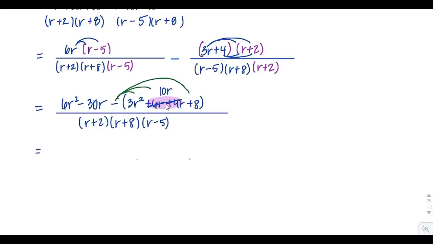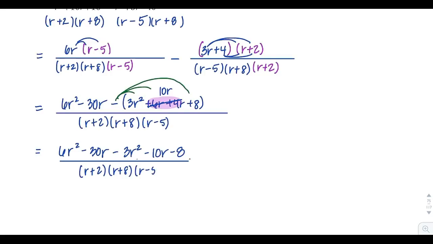So what we have is 6r squared minus 30r minus 3r squared minus 10r minus 8 after that distributing. And then all over, I have to keep writing that common denominator. Remember, we will not multiply that out. Once it's factored, factored is more simplified, so we don't want to undo that work.